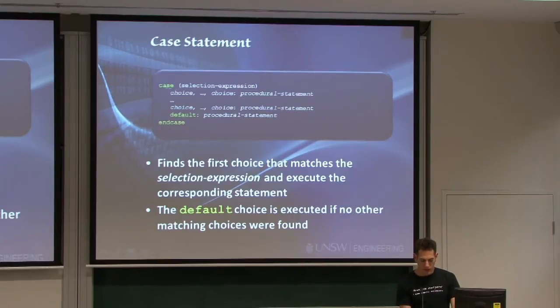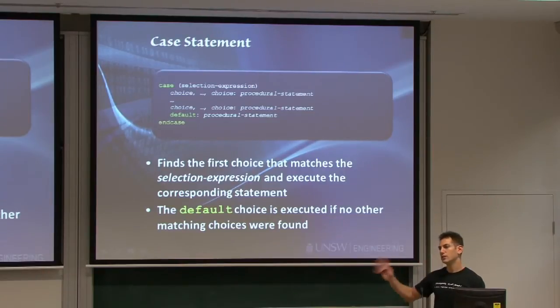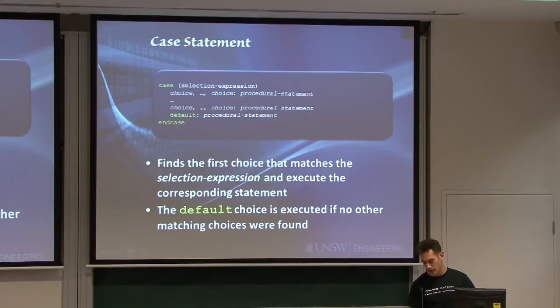The syntax will be case and then some expression that will evaluate to a number, and then put the choices: if it's 3, then execute this thing. If it's 5 or 7, execute this. If it's 4, execute this. Default: if it's something else that we haven't had in the choices, then execute the procedural statement there.